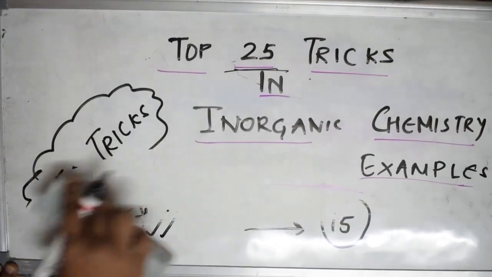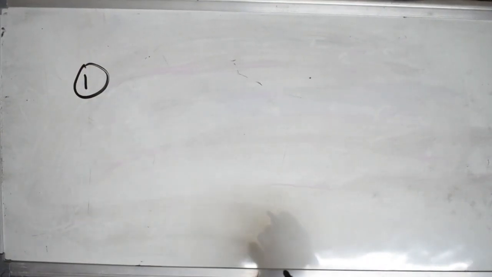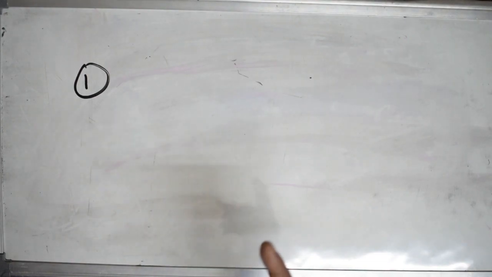So after erasing the board, the first important trick. I'll be giving the examples also. Today we'll be seeing all the tricks with examples, which will be useful. When I speak about the first trick, remember, I'm giving the statement as well as the example.